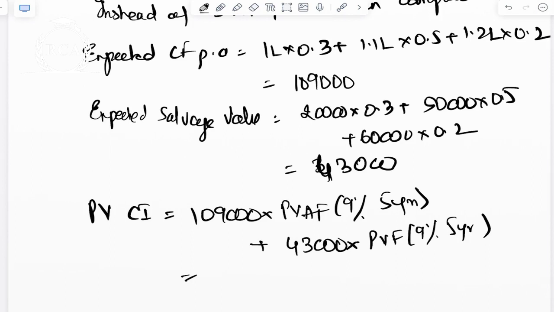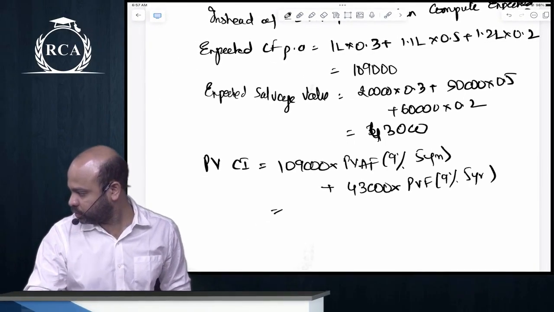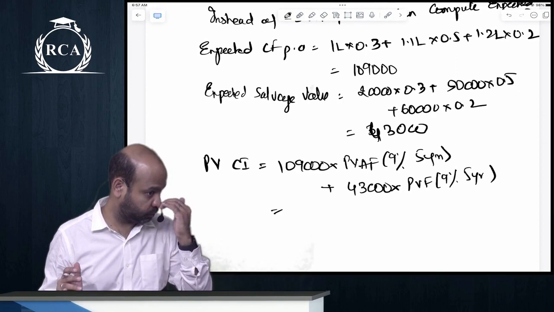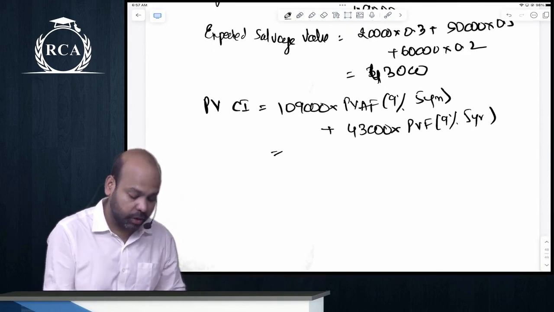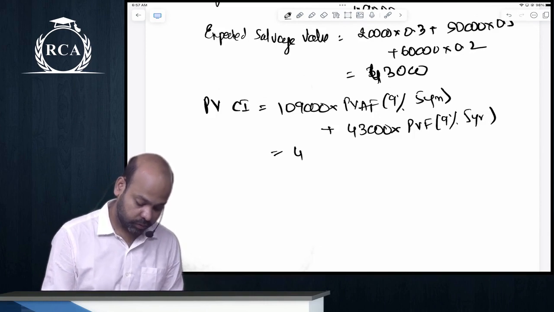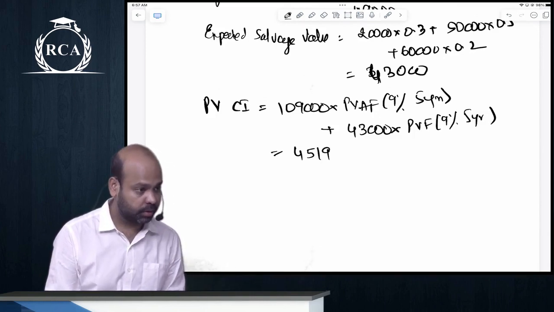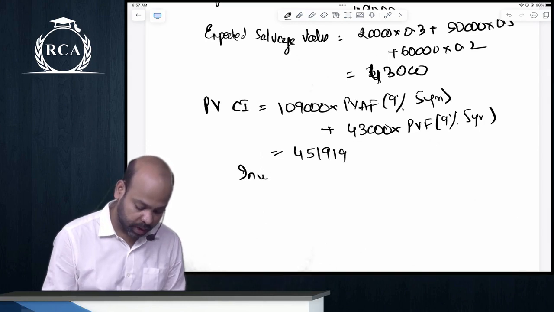Yes, guys. How much is the present value of cash inflows, beta? 4 lakh? 9? Your investment, beta, was 4 lakh rupees.